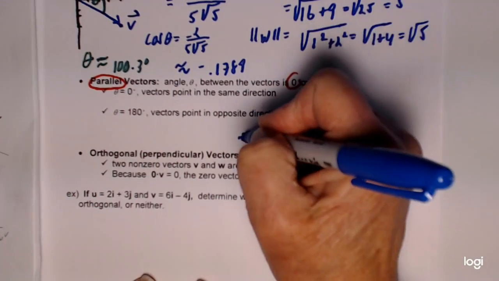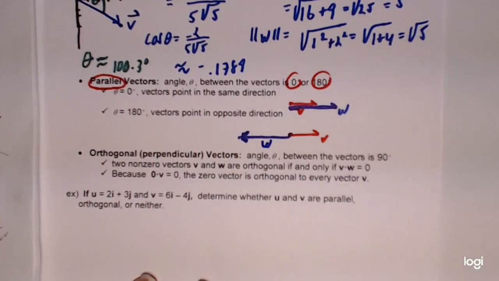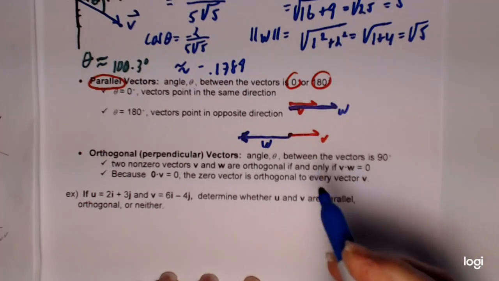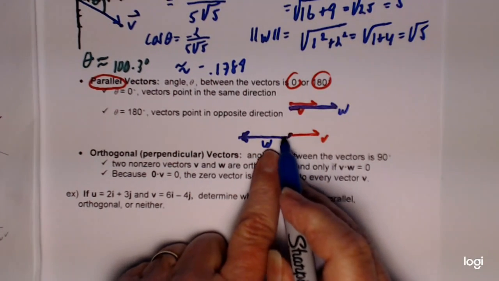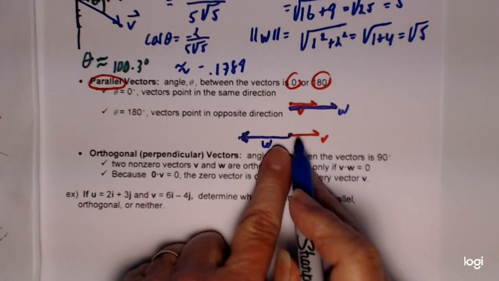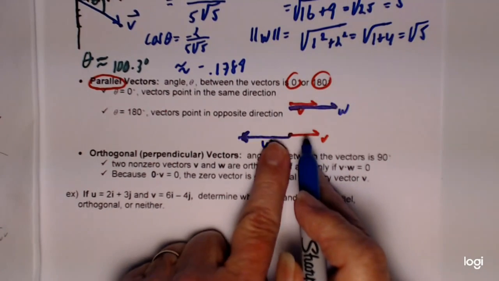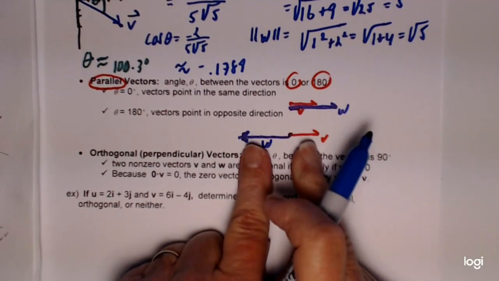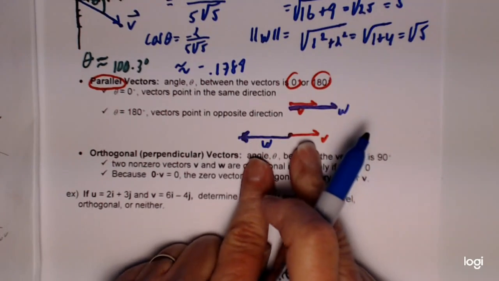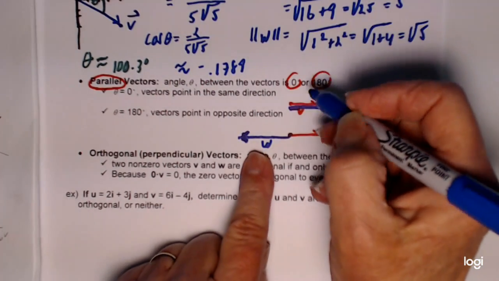This is the direction of W. So in this situation, we can see that they are parallel. They have the same slope. They are parallel. However, this is going in the opposite direction.